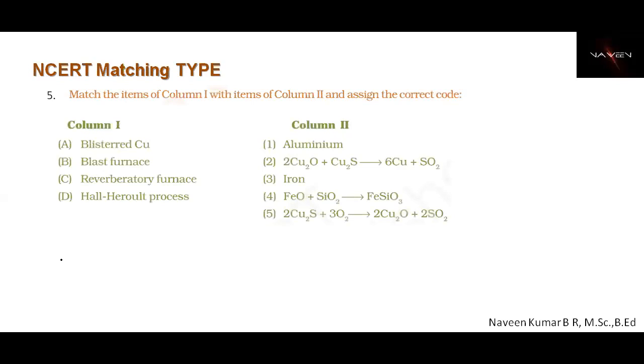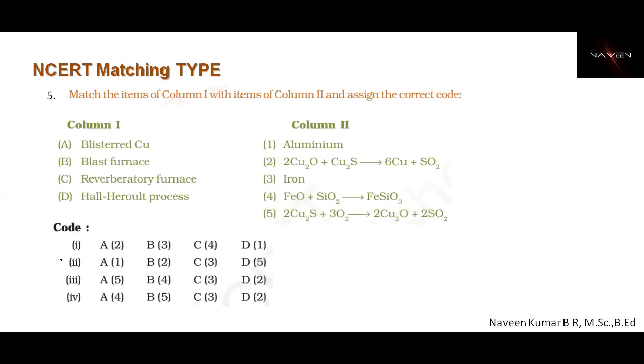Now we'll move to the last matching type question from NCERT exemplar problem. So they have given a few equations and we need to identify the extractions. If you consider A, blistered copper, now we know that blistered copper is obtained in the last step by auto reduction.